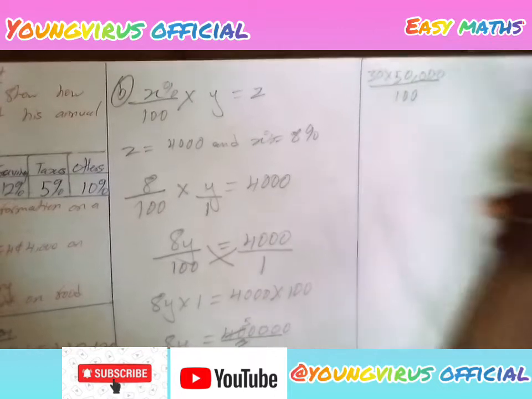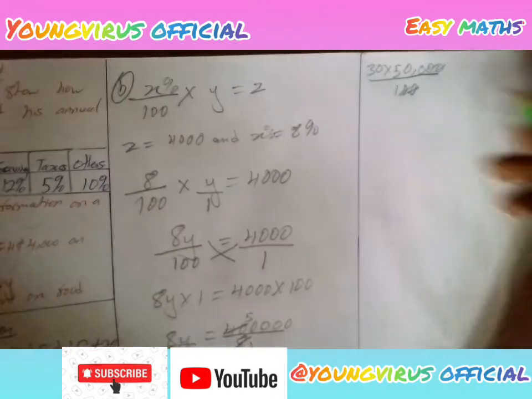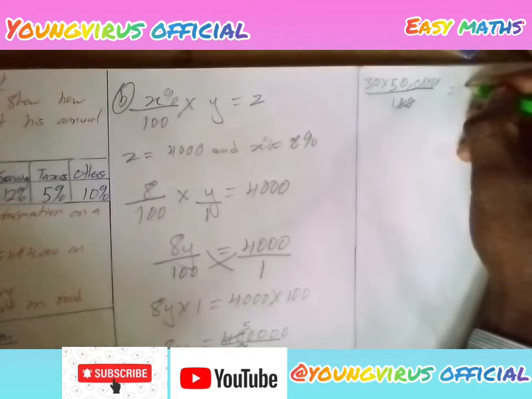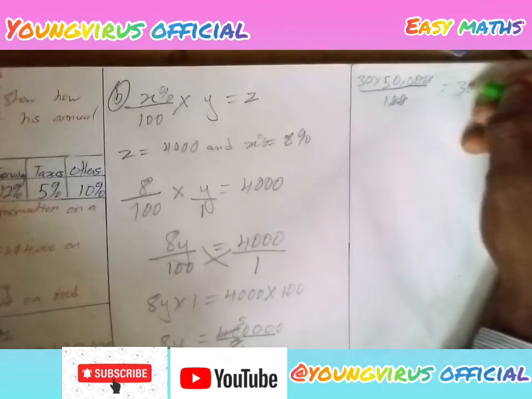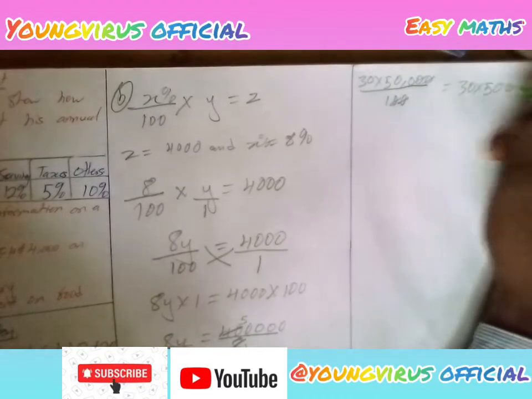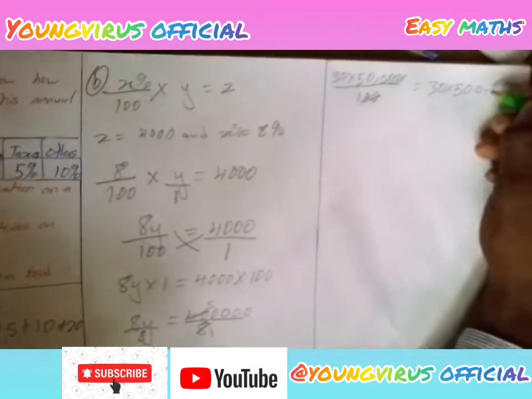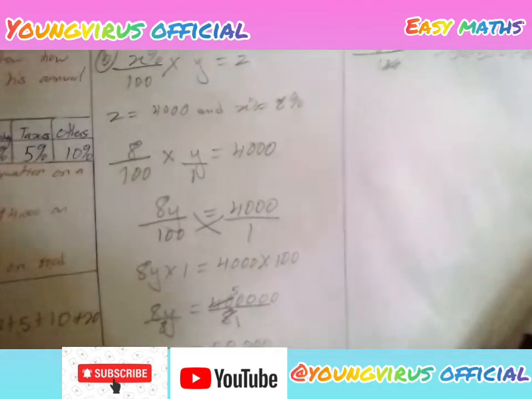Basically, since they're dividing, this 0 will definitely move with this 0. This 0 moves with this 0. Since every number is over 1, this can also be written as 30 times 500. We all know this is equal to the food, since we are looking for food.